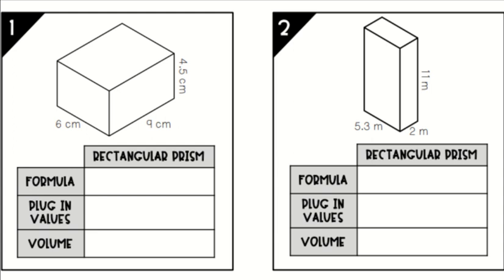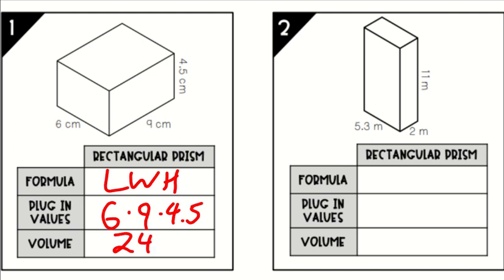So we've got length times width times height. So 6 times 9 times 4.5. In this case, that gives us 243. Okay? So see what I'm saying? With a calculator, decimals, fractions, it shouldn't make a huge difference.